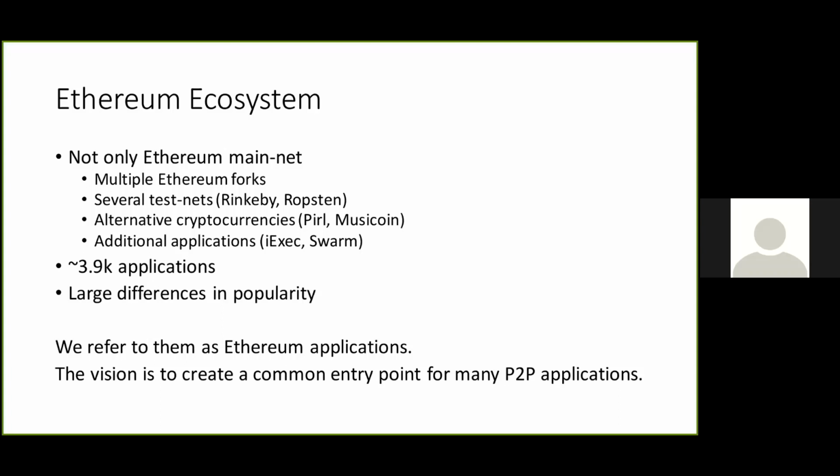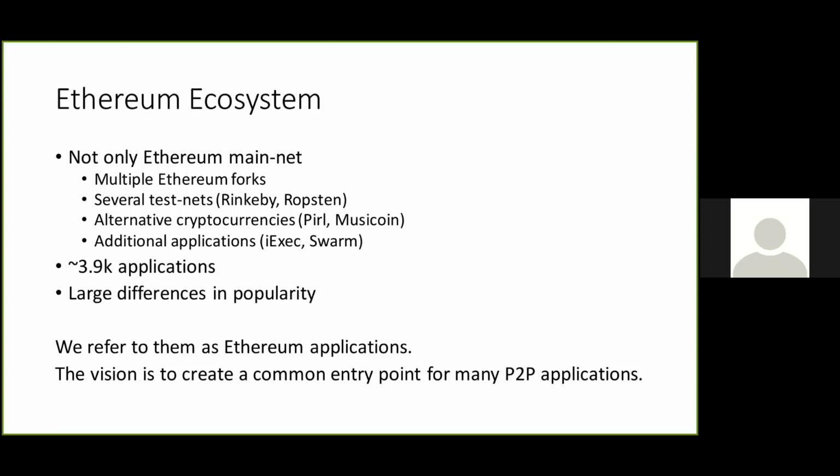In this talk, when I say applications, I mean all those sub-protocols running on top of the Ethereum peer-to-peer ecosystem. The vision of Ethereum is to create a common entry point for multiple peer-to-peer applications. They very much want a single DHT, which will be an entry point for multiple applications, and they can just use it and on top of that build their own specific application, with application-specific peer-to-peer connections, whether structured or unstructured, it doesn't matter because that is up to the application.